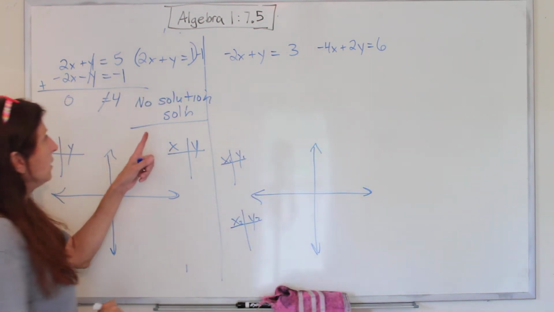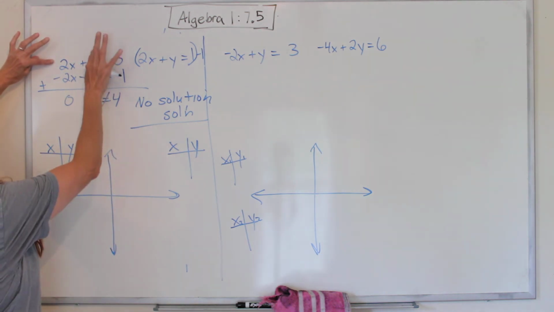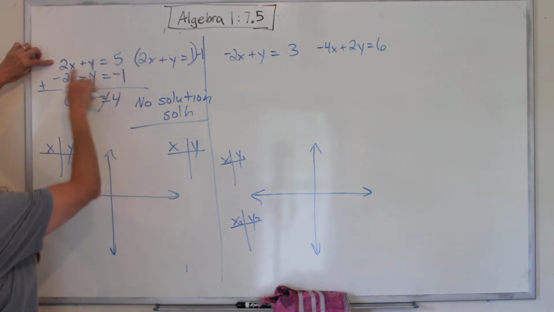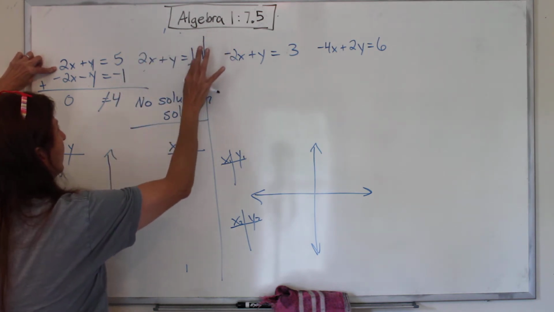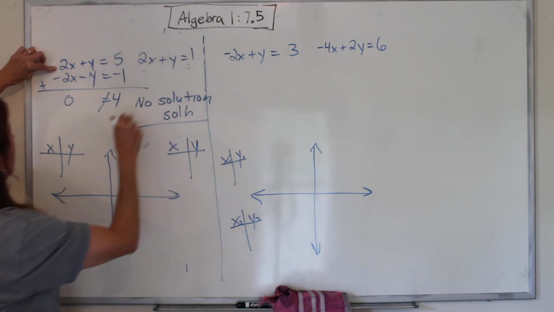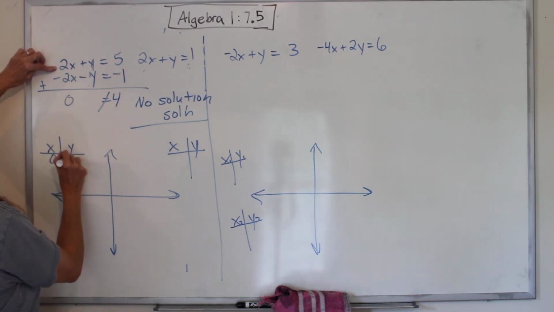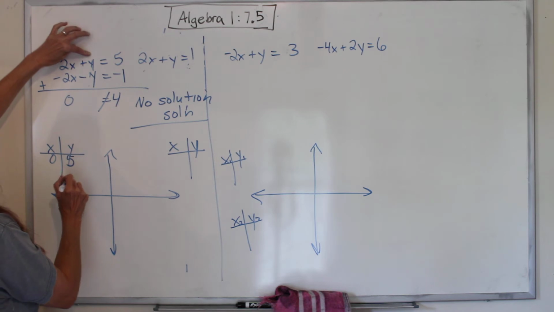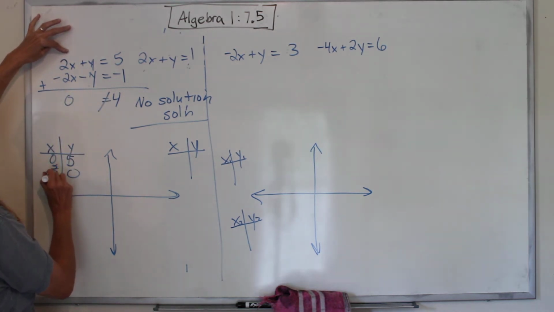Alright, so now let's see what's going on. Let's graph them, okay? So I'm going to get rid of that so it's not so ugly. And I'm going to graph this one first, and then I'll graph that one over here. If x is 0, y is 5, and if y is 0, x is 5 halves.